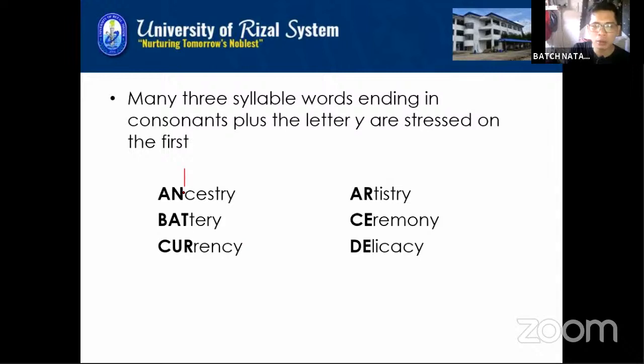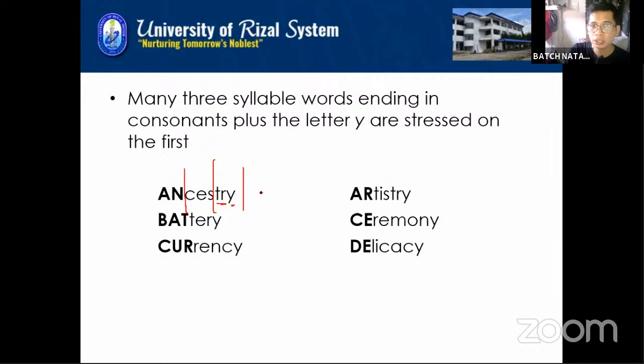It has three syllables and ends with the consonant TR and Y. Yun yung sinasabing consonants plus the letter Y. So the stress falls on the first syllable.